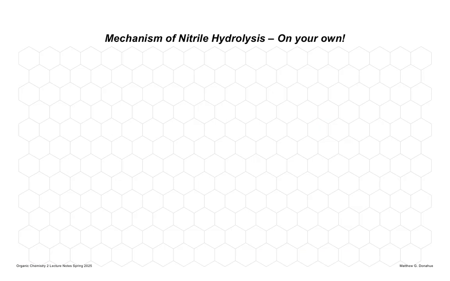So the mechanism of that hydrolysis, I'll let you write it out on your own. It'll probably take up the whole page. But really it is a series of proton transfers. You have to take the nitrile and convert it into the acid.